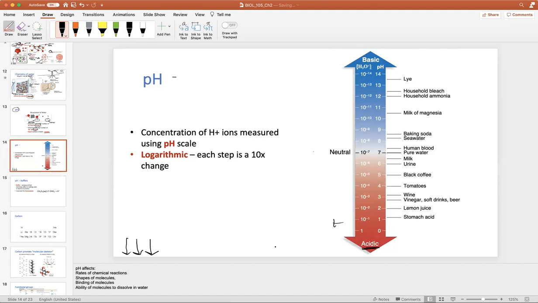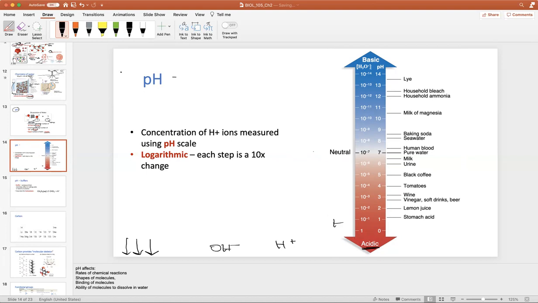So remember that the hydrogen ions are positive, the hydroxide ions are negative. That can really mess with the chemistry that's going on in your cells. It can mess with the rates of chemical reaction. It can change the shapes of molecules. It can alter the way molecules bind to one another, and it can change the ability of molecules to dissolve in water. So it's kind of important that cells maintain a steady pH and that they have an ability to regulate that. And this is why we're interested in measuring pH.